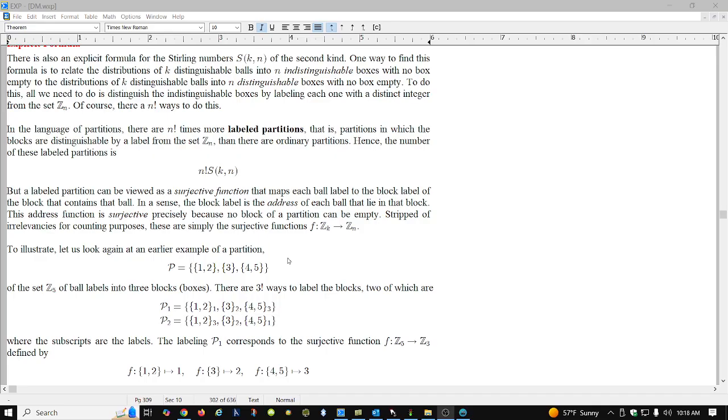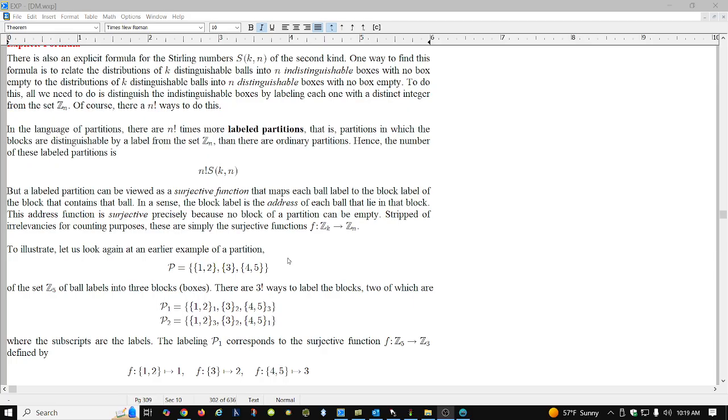On the other hand, a labeled partition can be viewed as a surjective function. All it does is map the ball label to the block label of the block that contains that ball. If you think of these blocks as labeled, and each one contains a certain number of balls, this function is just the address function.